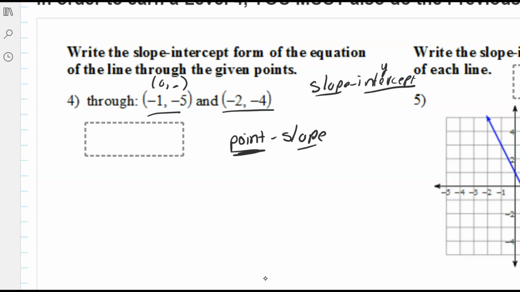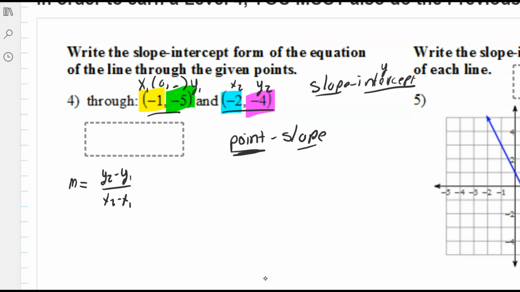In order to use the point slope, we need the slope. We definitely got the point already, but we need a slope. Well, cool thing is, to find slope from 2 points, it's y sub 2 minus y sub 1 over x sub 2 minus x sub 1. We have this one, this one, this one, and this one. So, and then we have x sub 1, y sub 1, x sub 2, y sub 2.